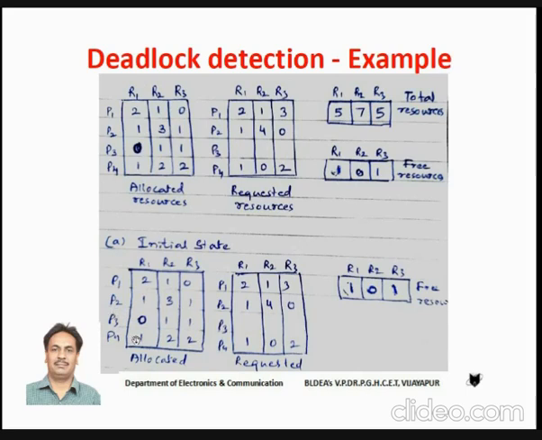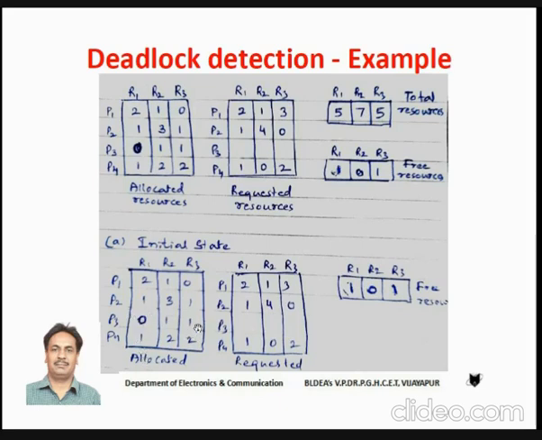Process P3 is allocated 0, 1, 1, the resource allocation state of P3 is 0, 1, 1, and the requested state is 0, 0, 0. That indicates that for process P3, the allocated resources are enough to complete its execution. That's why we assume that process P3 will complete its execution.